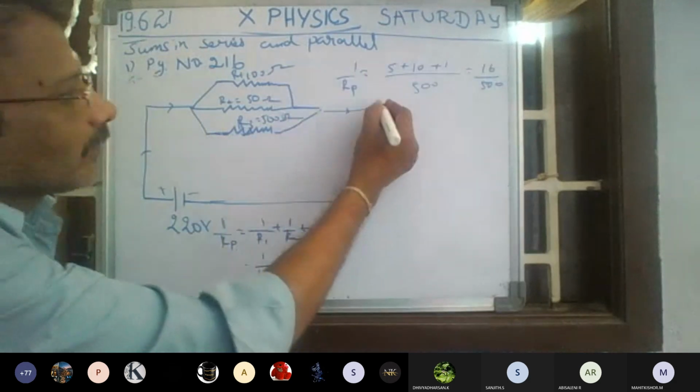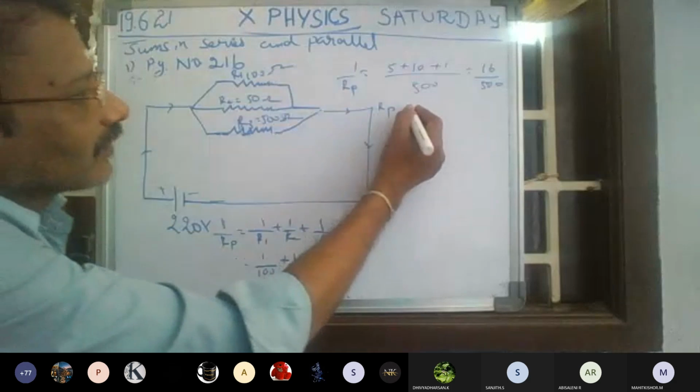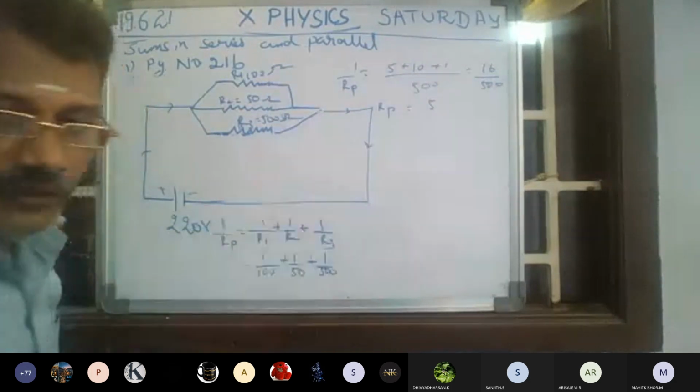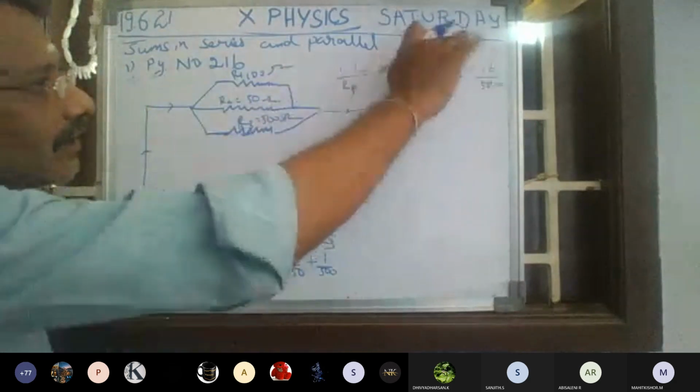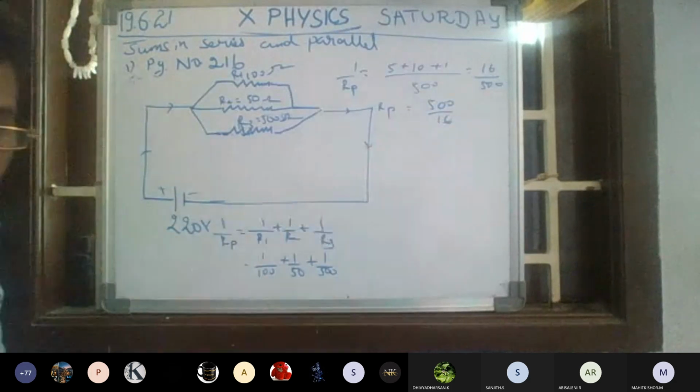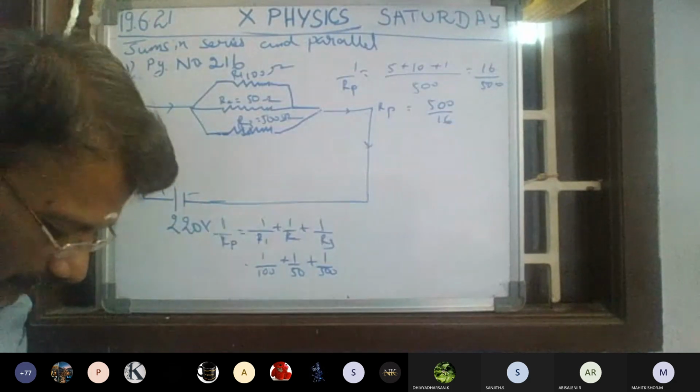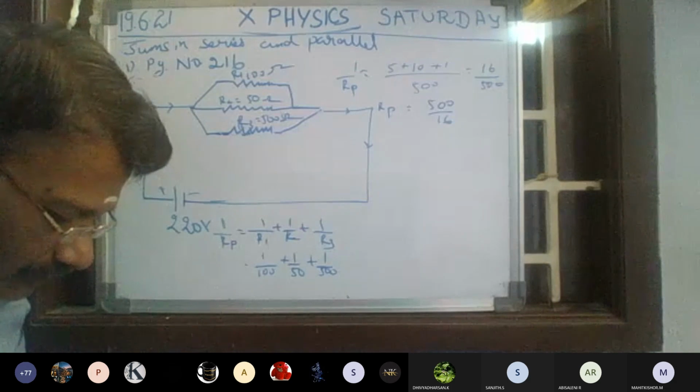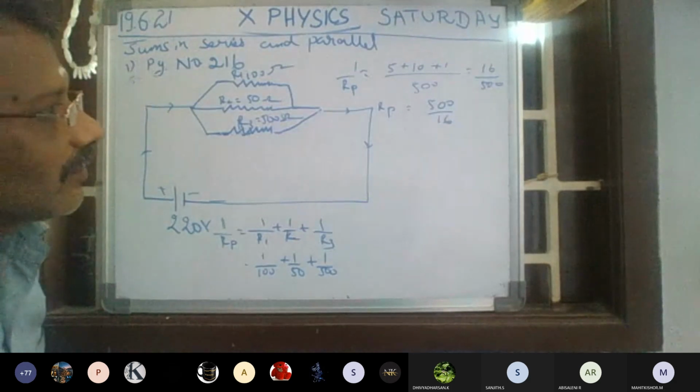So Rp is equal to 500 by 16. Don't get confused; if it is 1 by Rp, just invert it and put 500 by 16. What is the value of 500 by 16?